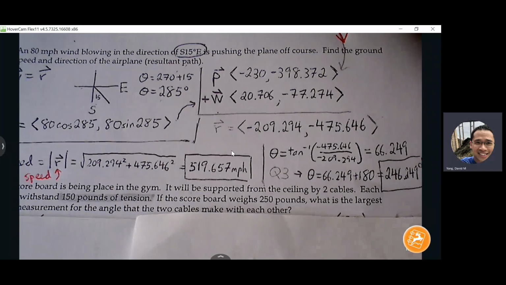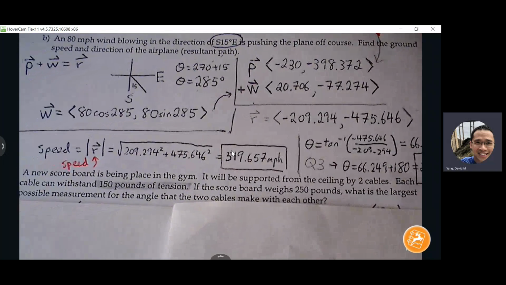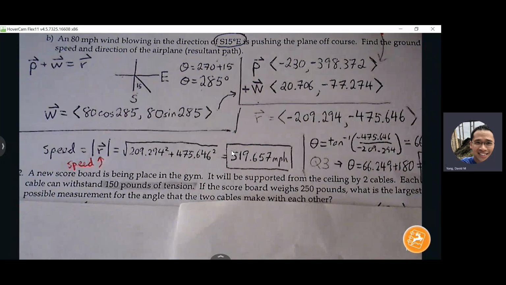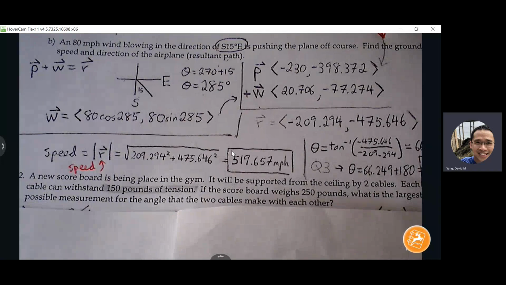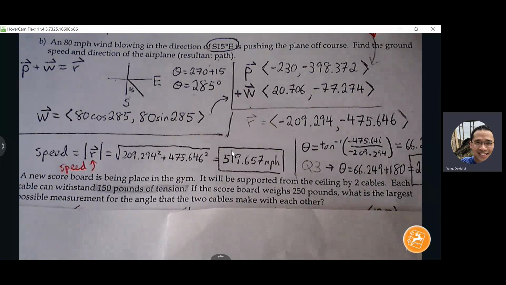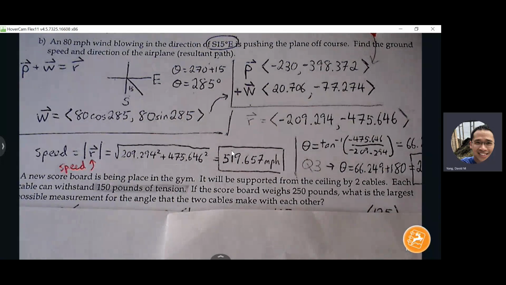Okay, number 12, I think we're familiar with number 12, but the way the problem is worded, it's going to ask for a different set of information. So a new scoreboard is being placed in the gym. It will be supported from the ceiling by 2 cables.